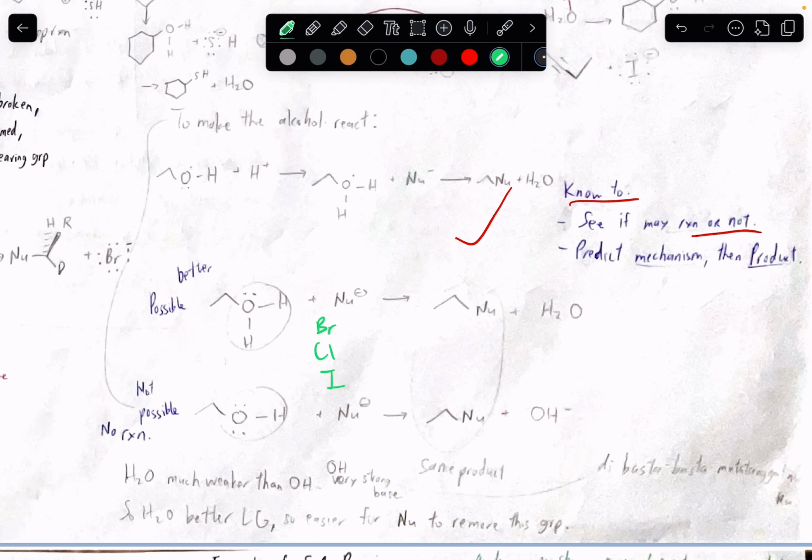Maybe because it's more basic. It has greater basicity compared to bromine, chlorine, iodine. But the better answer is because it is the most electronegative element, and it's not that easy to separate it from where it's connected to because of its high electronegativity.